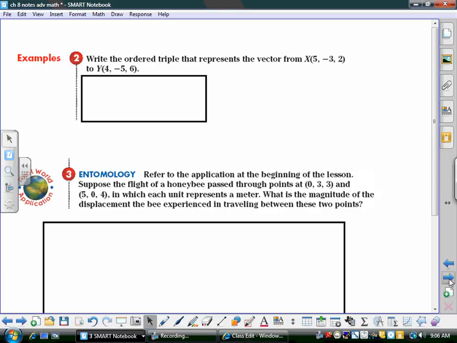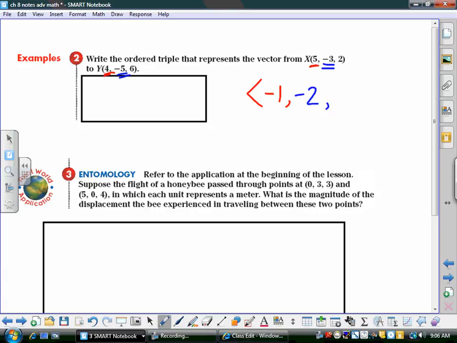If I want to write that ordered triple, I need to figure out how much it changes, just like I did with the ordered pairs. So I need to know how much does it change in the x direction when it goes from 5 to 4. It goes backwards 1. How much do I change in the y direction when I go from -3 to -5?